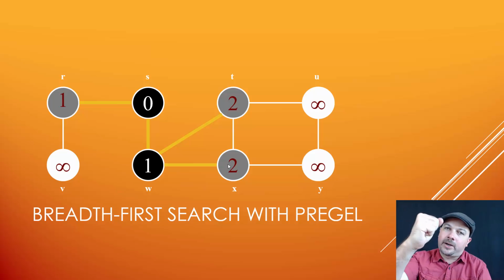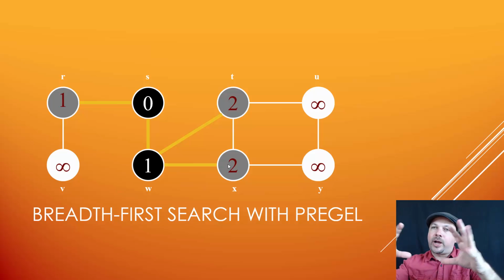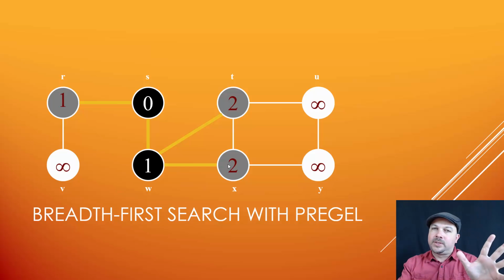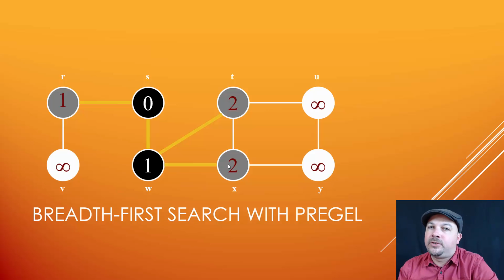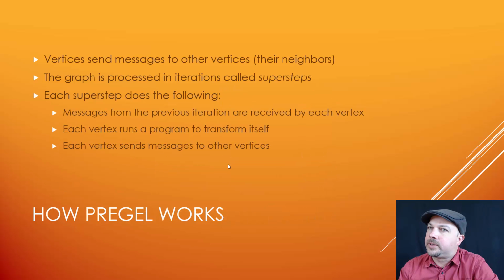We're going to start with Spider-Man and iterate through that graph, expanding it out one step at a time until we find the person we're looking for, and we'll keep track of how many steps it took to get there over time. Now with Pregel, that gives us a general algorithm for actually doing iterations through a graph in a general manner. And we can actually implement breadth first search using the Pregel algorithm in a little bit more of a simple way than we did before. So let's take a look at how that works.